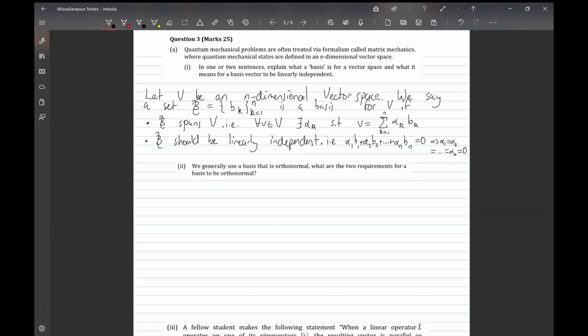Basically what this means is that there should be no non-trivial way of writing any one basis vector in terms of the others. Okay, that means linearly independent set.